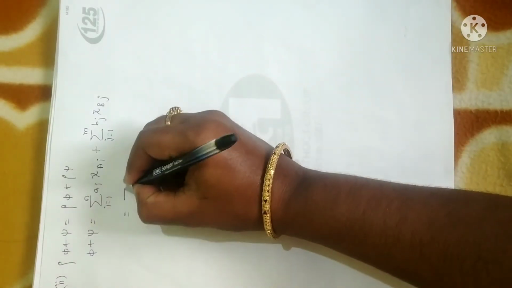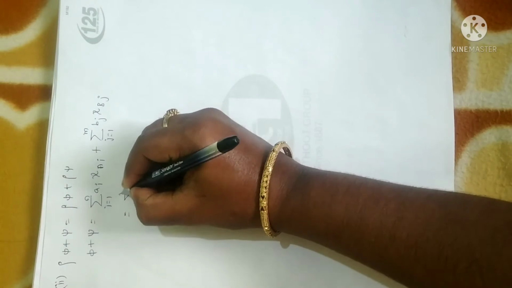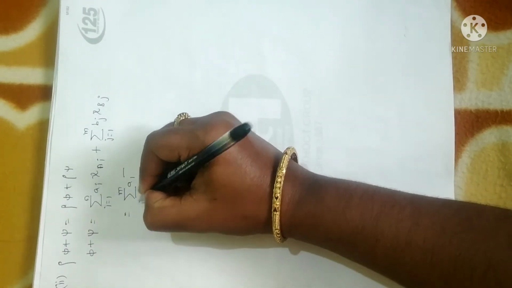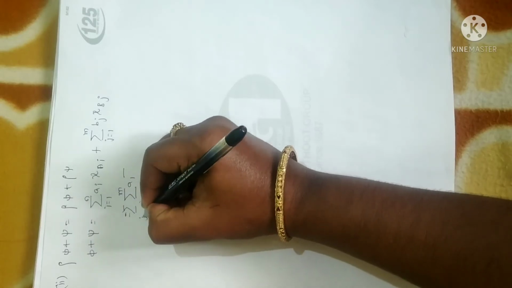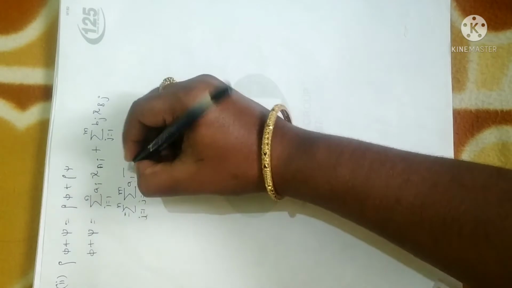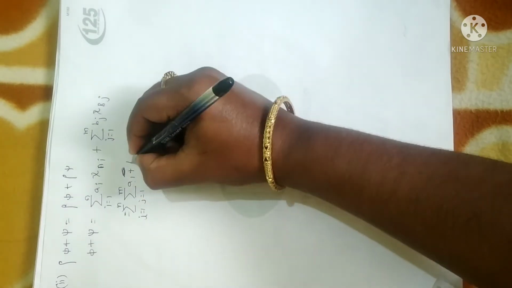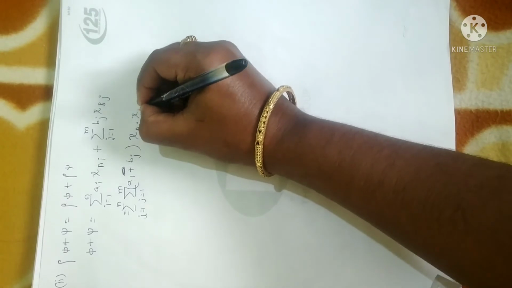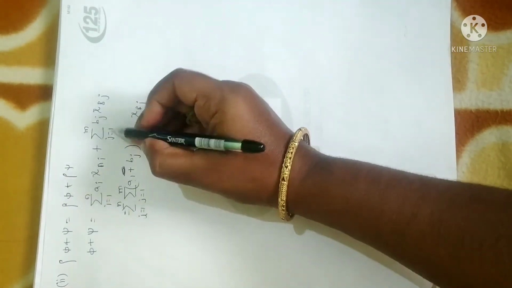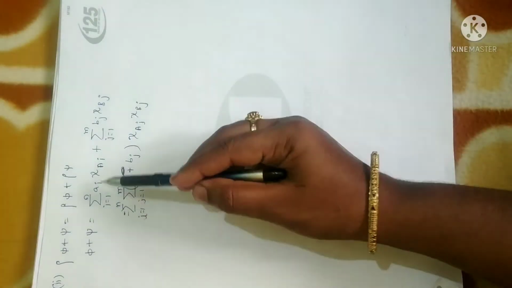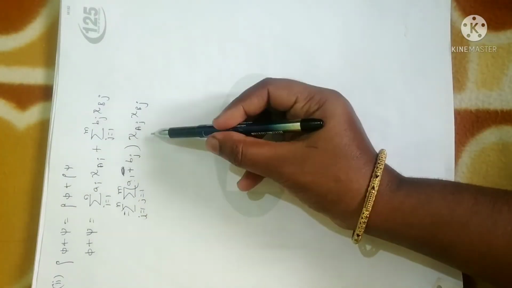I'm going to combine both summations, so I can write the summation i equals 1 to n and summation j equals 1 to m of ai plus bj times chi ai times chi bj. What I have done is written the summation terms on one side, and added the terms inside the summation.